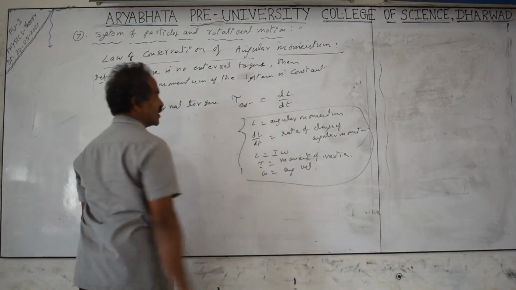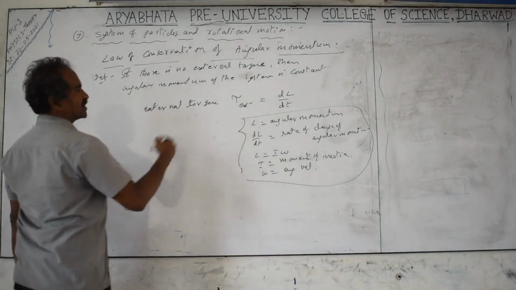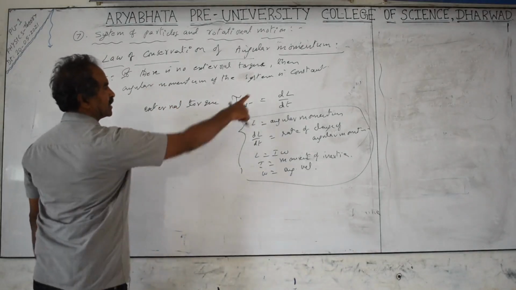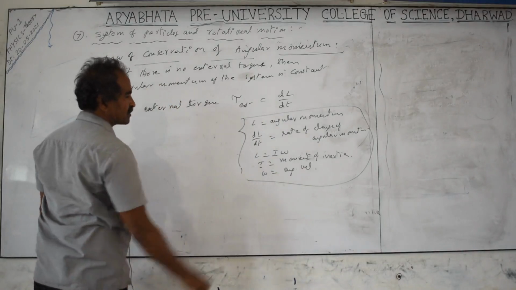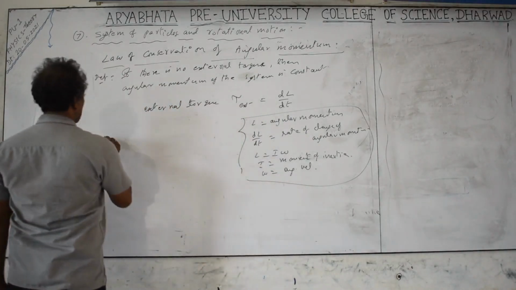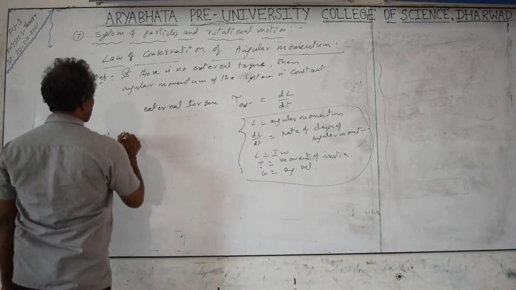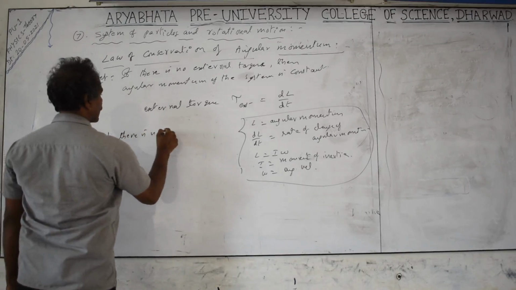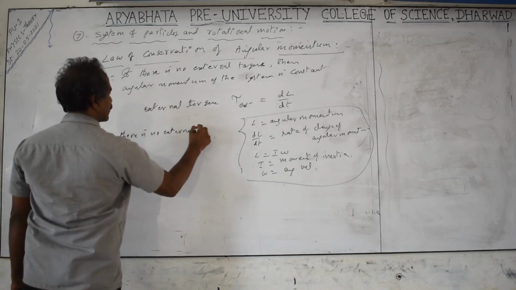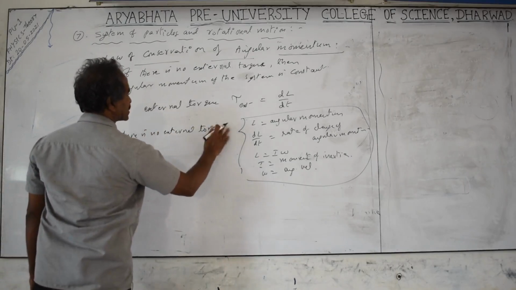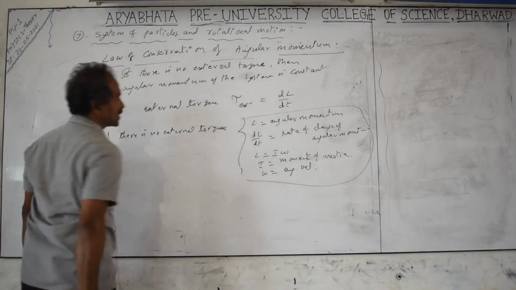So if there is no external torque, then dL by dt equal to 0, so L is constant, that means L equal to I omega is constant. If there is any internal torque, it does not affect the angular momentum, only external torque we need to consider.